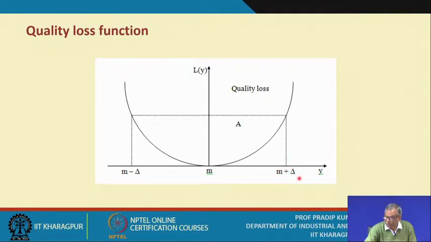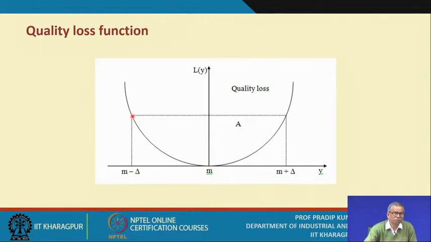If the deviation is plus delta from m, the corresponding loss is capital A. Capital A refers to the quality loss, and if the deviation is minus delta, that is m minus delta, the effect remains the same. The corresponding loss you incur is A.